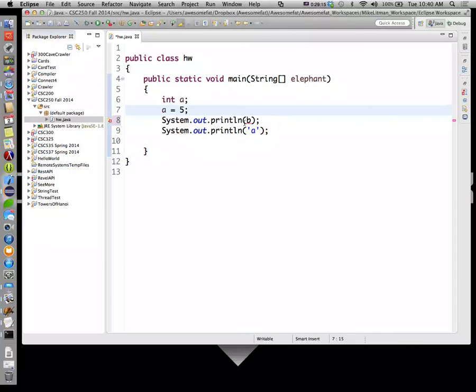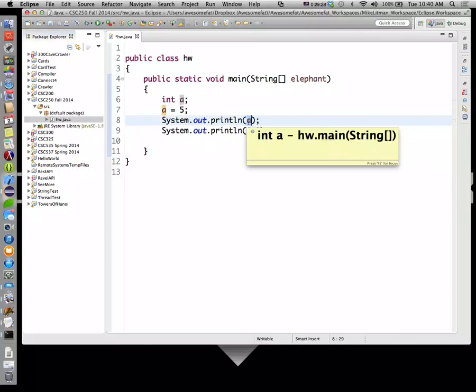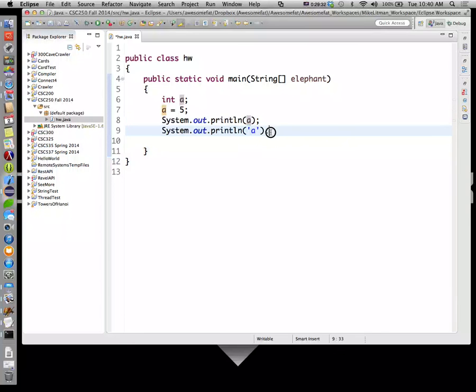All right, so if we were to print out A, it assumes we're talking about a variable. Why? Because we haven't given it any sort of special syntax to let it know that it's actually something else. We'll give you a little foreshadowing here. When we talk about strings, strings are surrounded by double quotes.